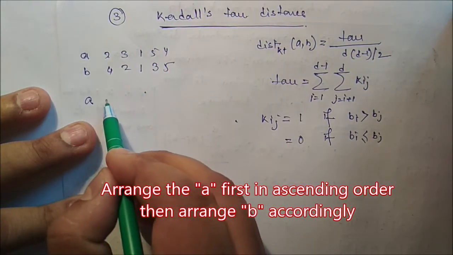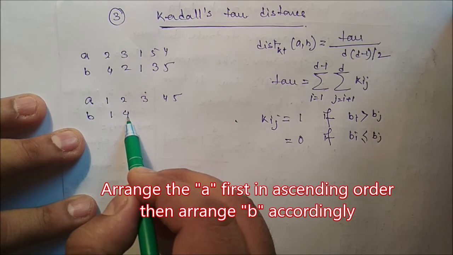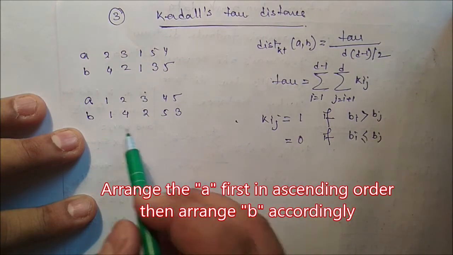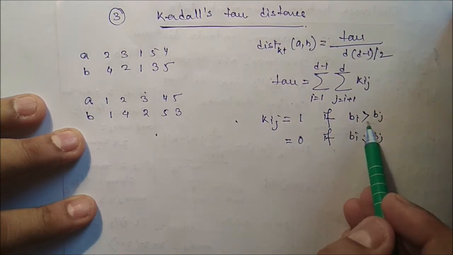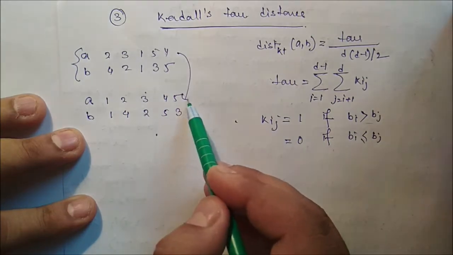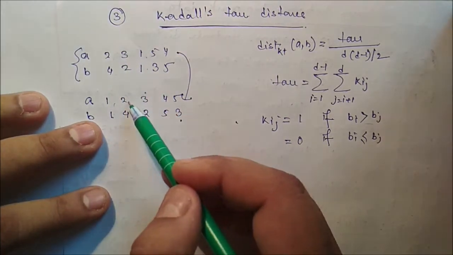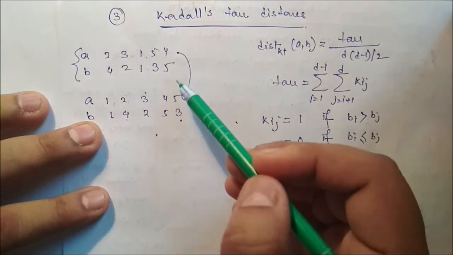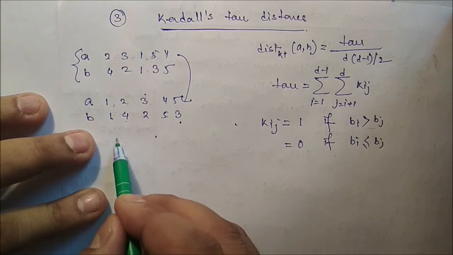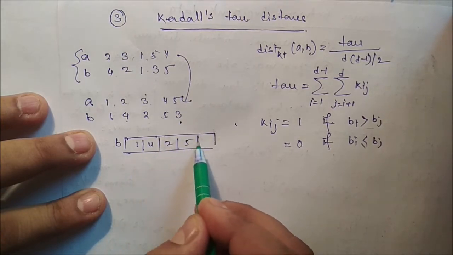First of all, arrange A in ascending order: 1, 2, 3, 4, 5, and arrange B accordingly. So 1 goes with 1, 2 with 4, 3 with 2, 4 with 5, 5 with 3. So B is equal to 1, 4, 2, 5, 3.